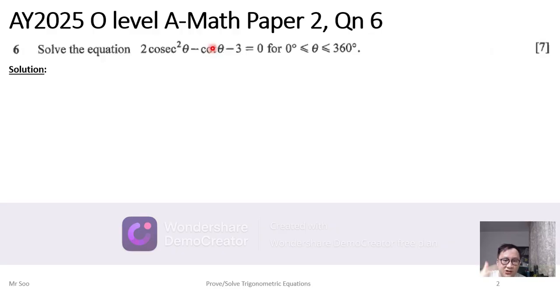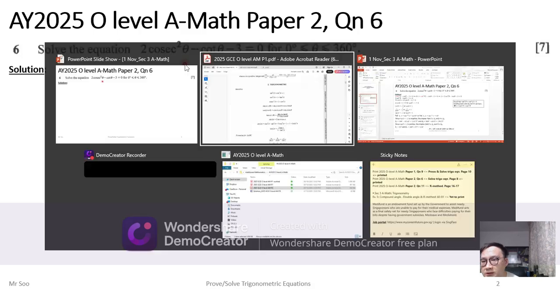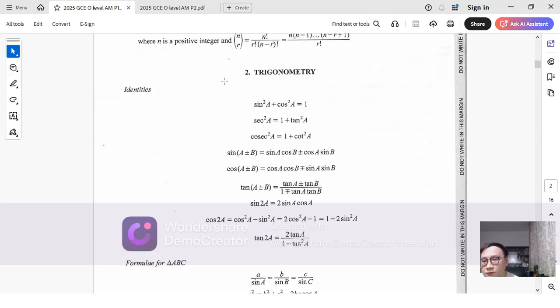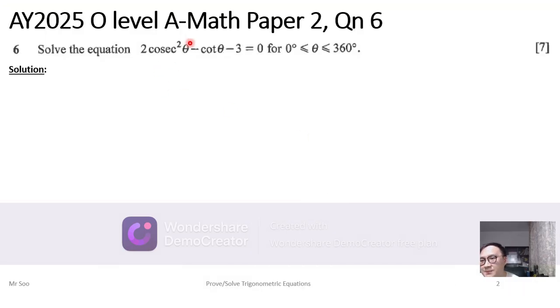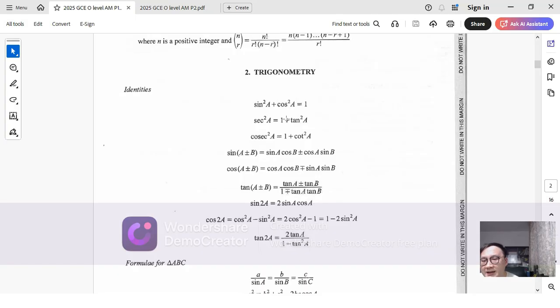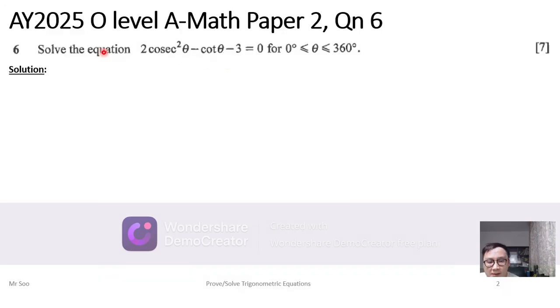So I must change one of them either to cosecant theta or cotangent theta. In this case I will change the cosecant squared theta to cotangent, because cosecant squared a equals 1 plus cotangent squared a. So if I change my cosecant squared theta to 1 plus cotangent squared theta, then my whole equation will be in terms of cotangent theta, which is easy to work with.